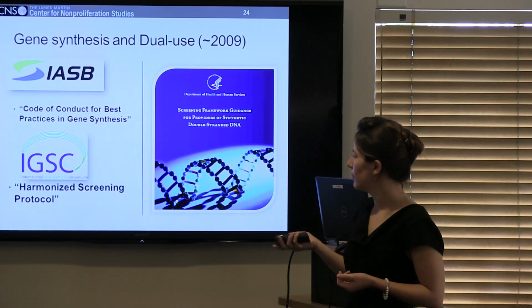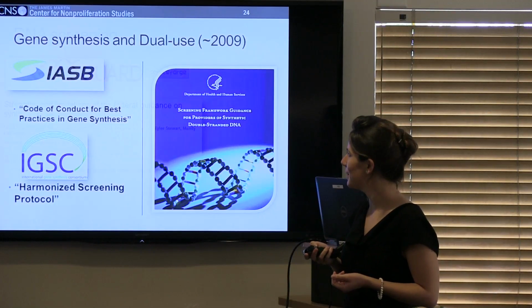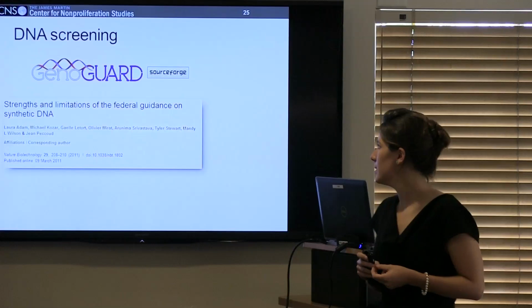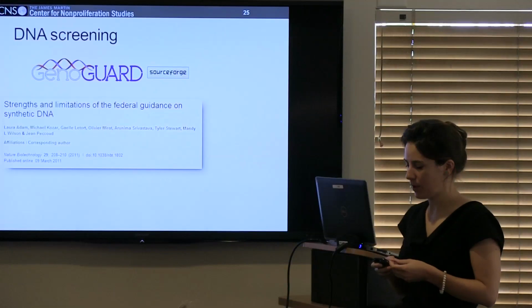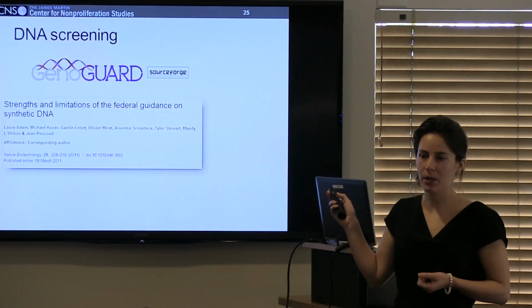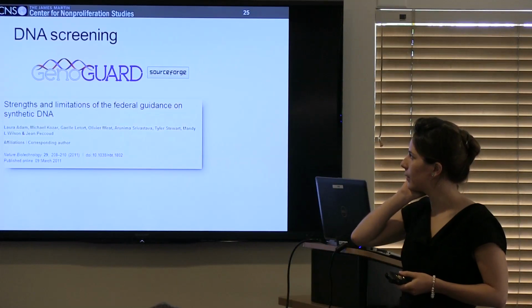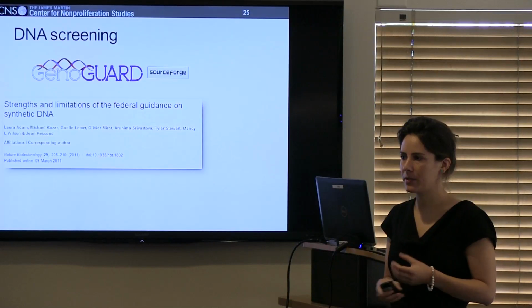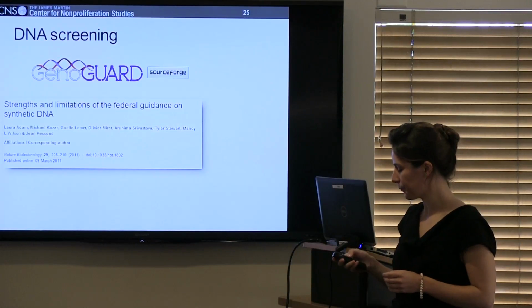So this is a text document. I had a team of students during my graduate studies, and we decided to interpret this text as an algorithm, implement software that we called GenoGuard, and use this to characterize the government recommendations.